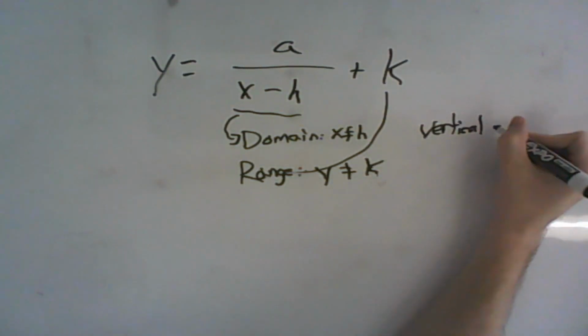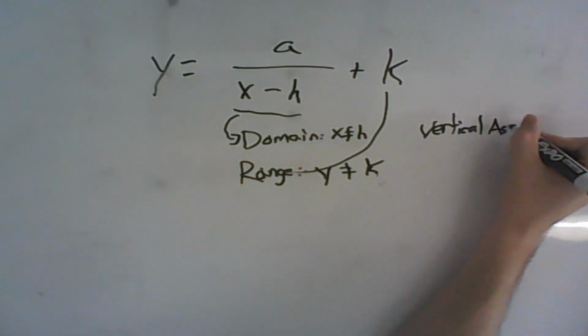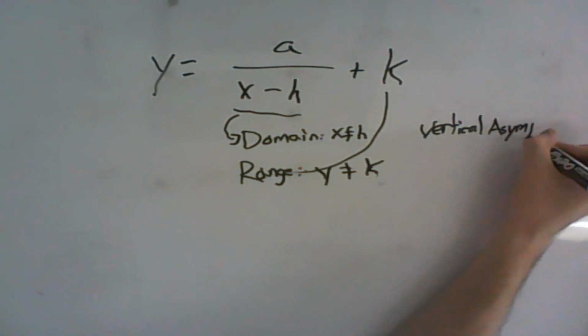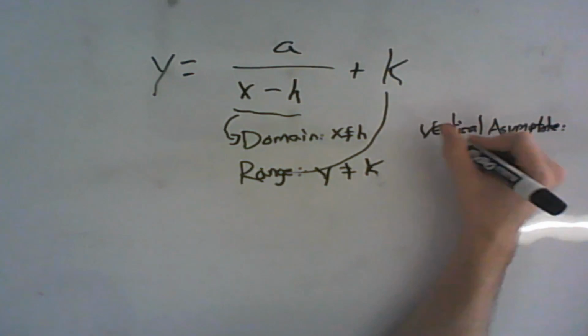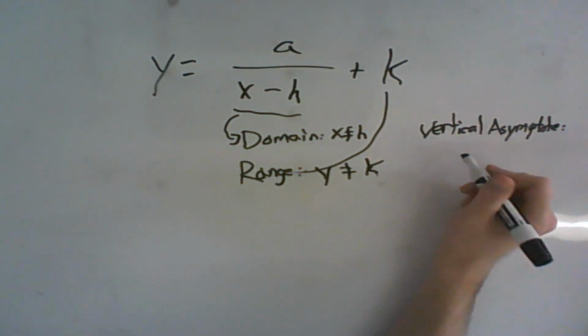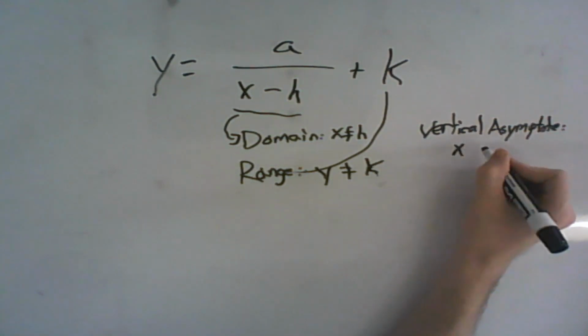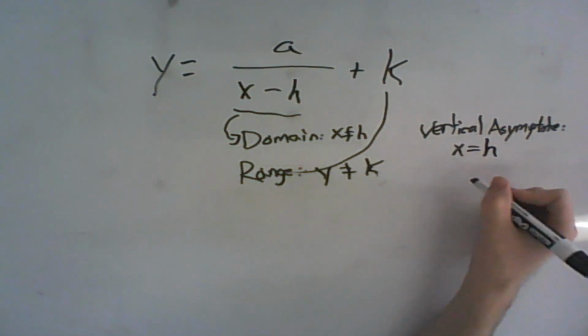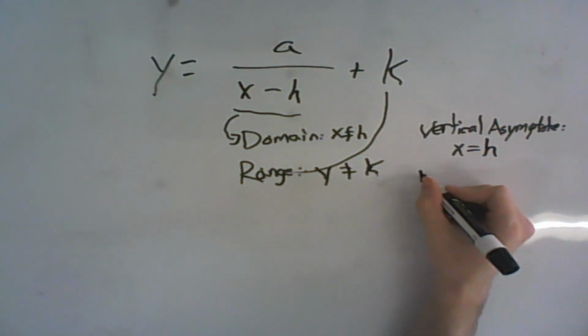Now, why am I including asymptote when the book doesn't say you have to know this? Because this is so important in my understanding of algebra that you actually need to remember it. And this is basically when x equals h. And a horizontal asymptote.